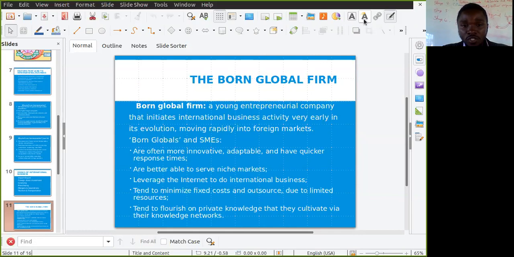They usually use leverage through the internet to do international business. Firms are born global because they tend to minimize fixed costs and outsource limited resources in a domestic country. They tend to flourish on private knowledge that they cultivate via their knowledge networks.